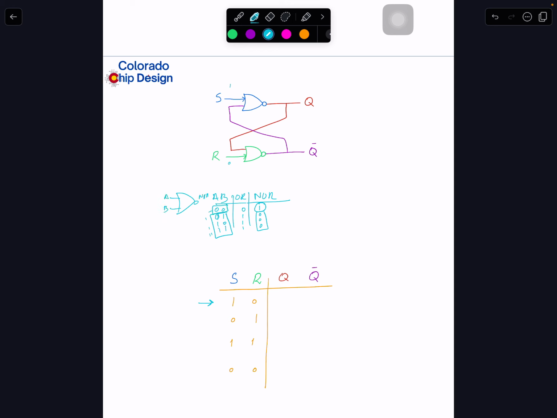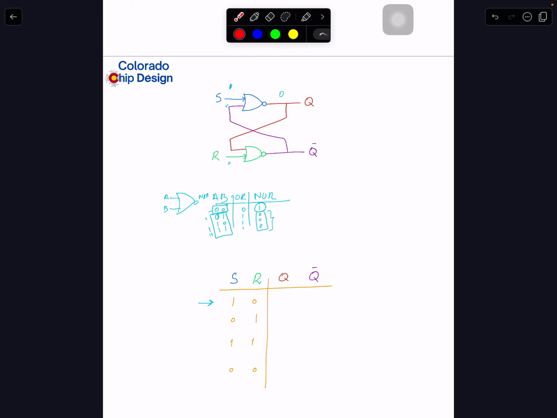Alright, so you understood that? So let's apply that formula here. Now this is 1, so we know that one of the inputs is 1. We don't have to worry about the other one, it doesn't matter what it is, then output is 0. And similarly, for the other gate, this input is 0. When one input is 1, output will be 0; when the other input is 0, it will be 1.